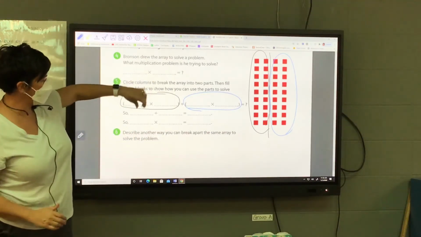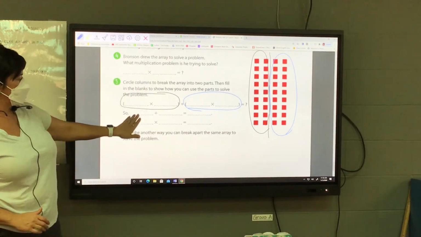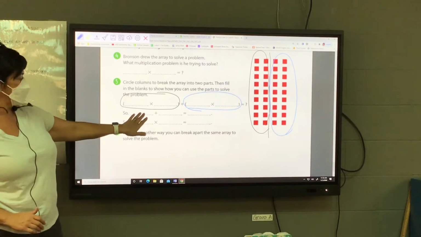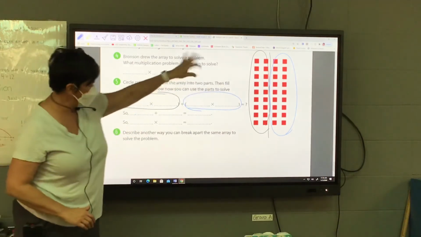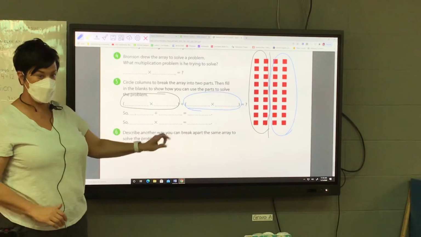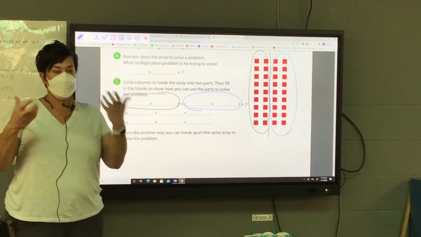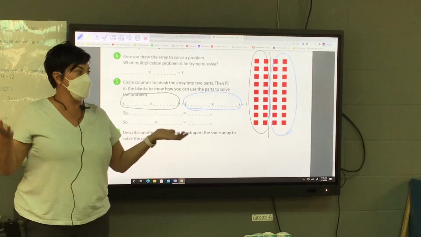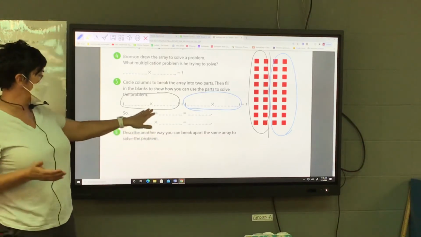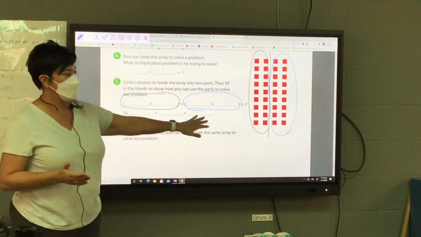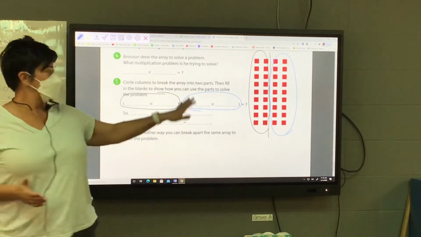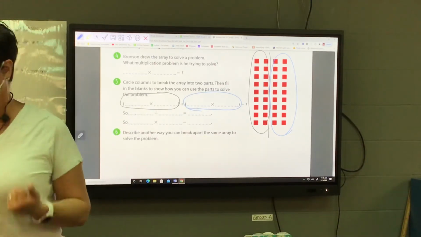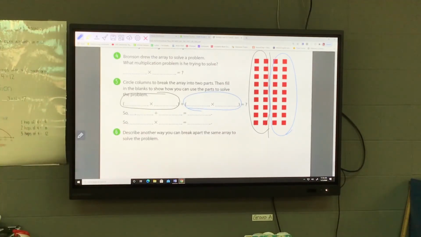So you're going to multiply that and put it on this line. Multiply that, put it on this line. It's just like what we've been doing. They've just given you longer lines to do them on, right? So go ahead and fill this in to go with that broken array that you now have.